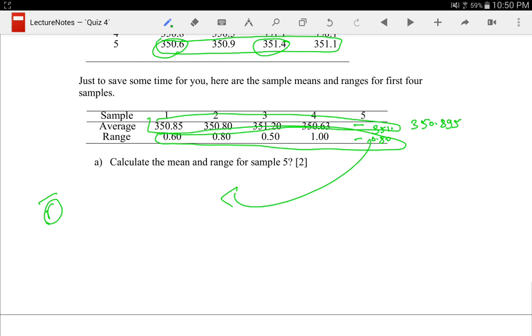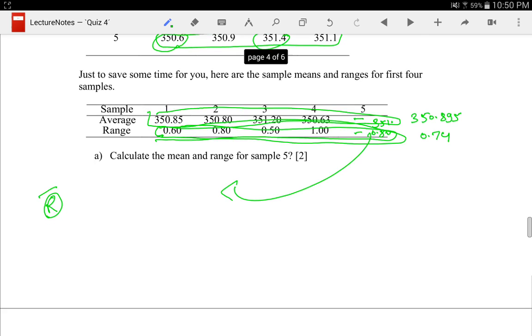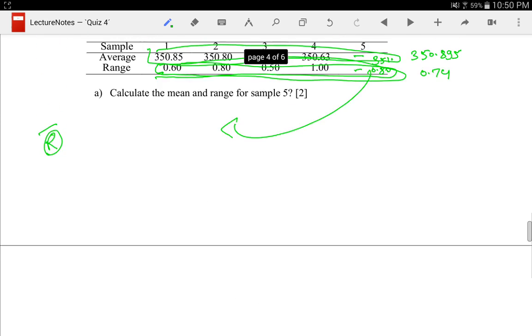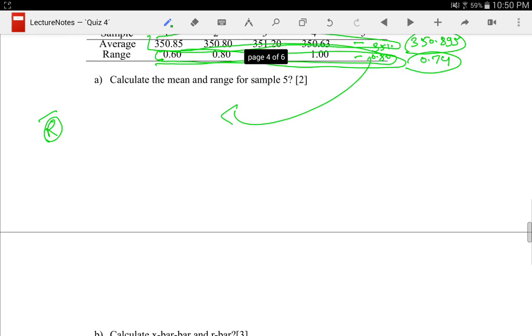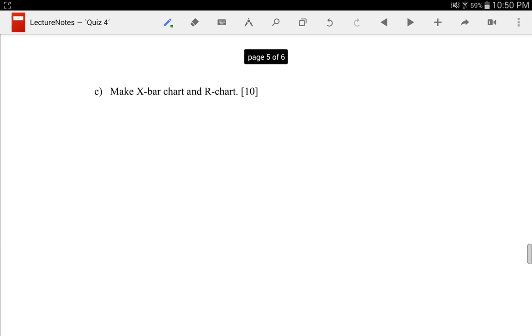R bar is the mean of the ranges. So don't take max minus min here. Here we are just taking the mean of these 5 values, which I got to be 0.74. So x bar bar and r bar are 350.895 and 0.74.